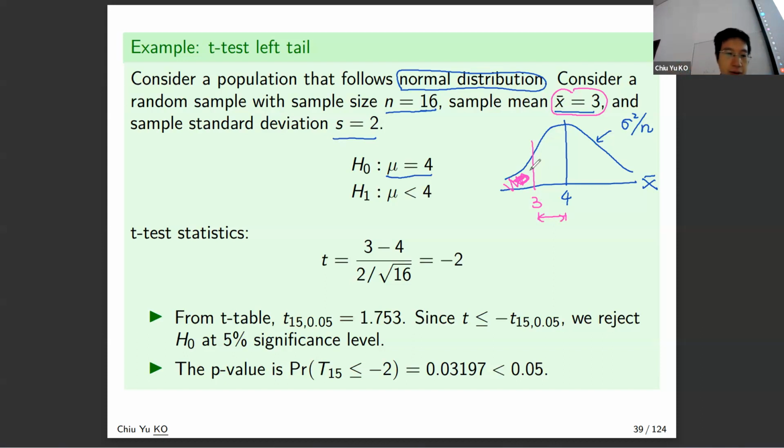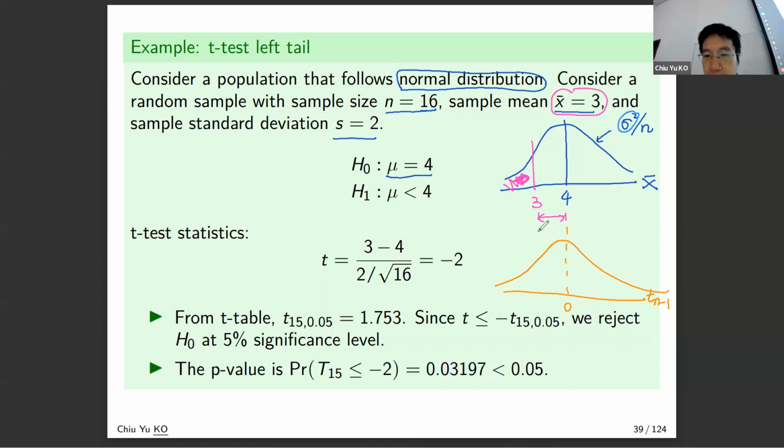So what do we do? Someone has shown us a very technically convenient thing: although we don't know this sigma, it's the same as looking at the t with n-1 table, another bell, which is 0 here.